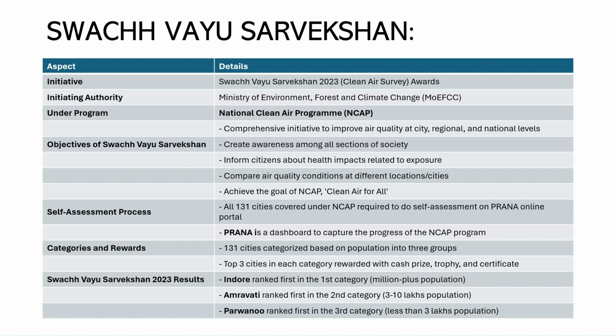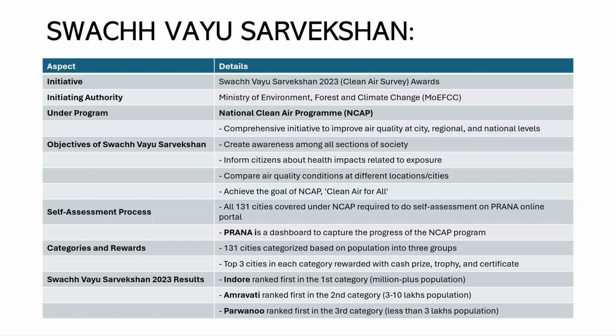Now, how is the survey implemented? All 131 cities covered under NCAP are required to perform self-assessments using the framework provided on the PRANA portal. It's an online portal which captures the progress of the NCAP program. Right? In the recent Swachh Vayu Survekshan, cities were categorized based on their population, and the top performers in each category were recognized. Indore ranked first in the first category, which consists of million-plus population.